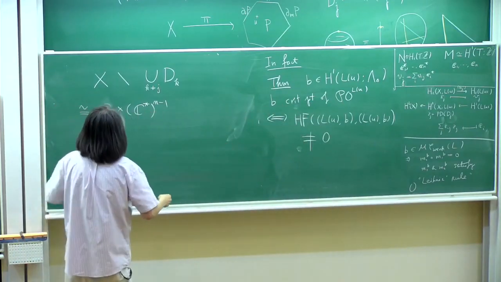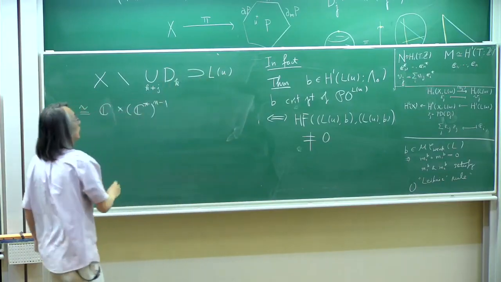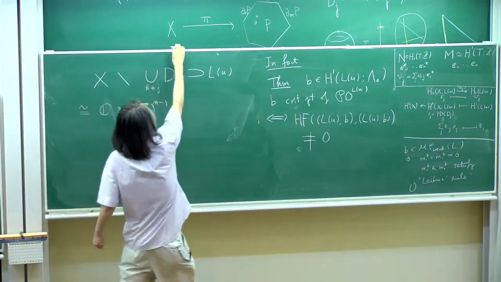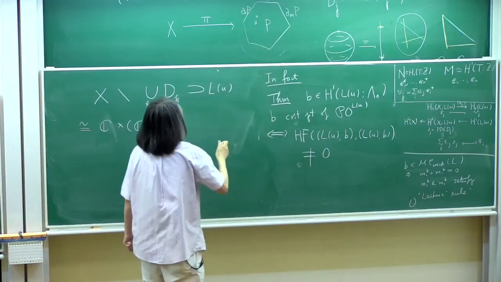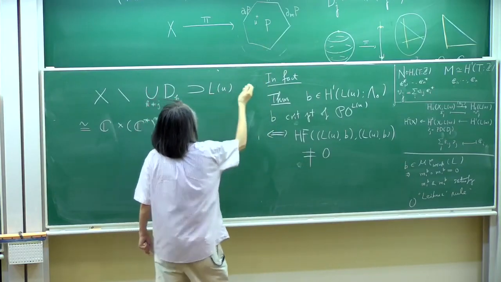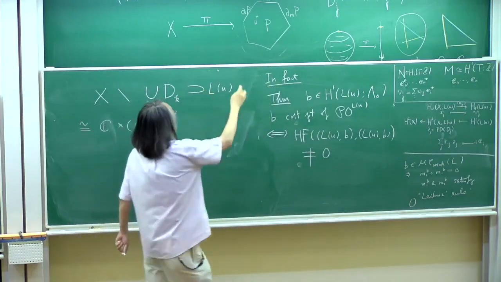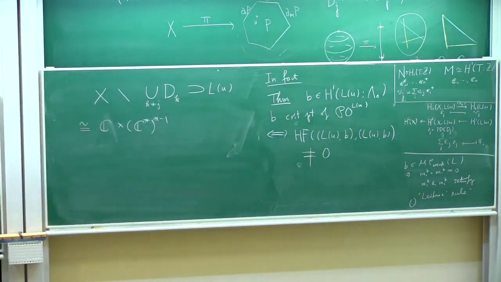But now L(u) is certainly here, because L(u) is in the interior of the polytope, and the toric divisors are on the boundary of it. So because u is in the interior, certainly they are away from all toric divisors.